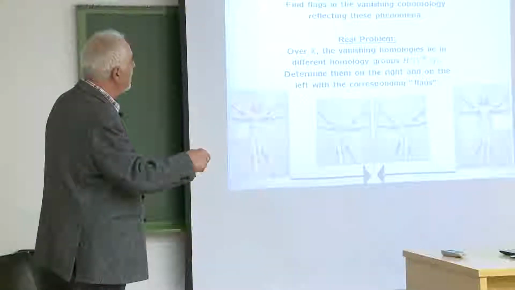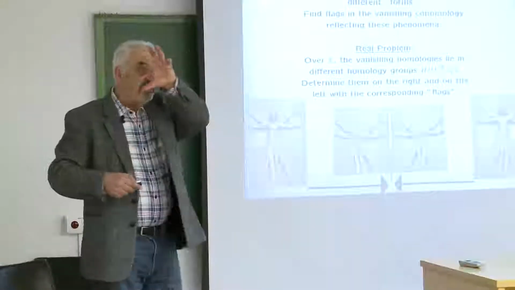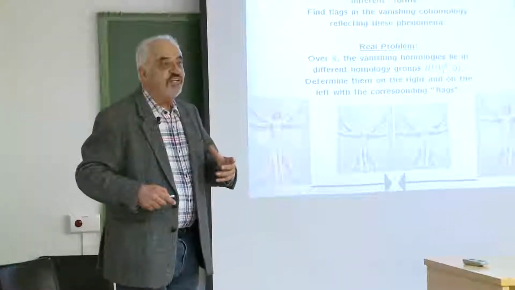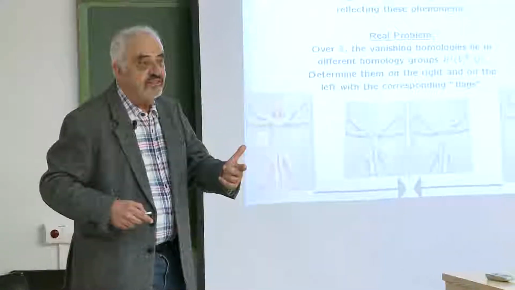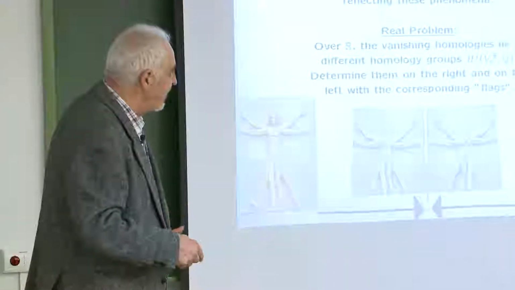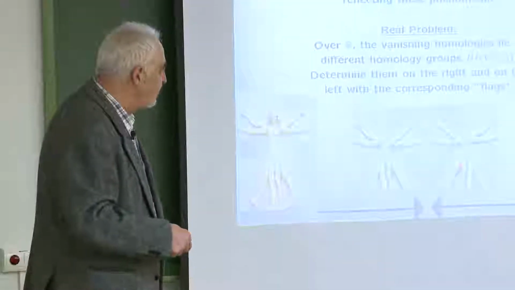So, when t goes to zero, the homology groups vanish, means that these homologies are going to zero, but they are not going to zero at the same speed, at different speeds. So here's this figure. Now, instead of going around, we're going to go to zero.